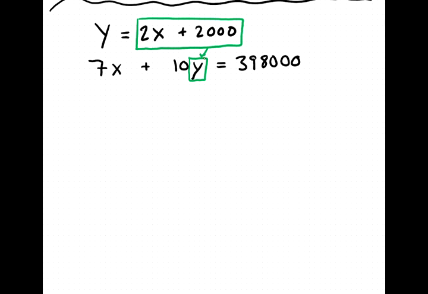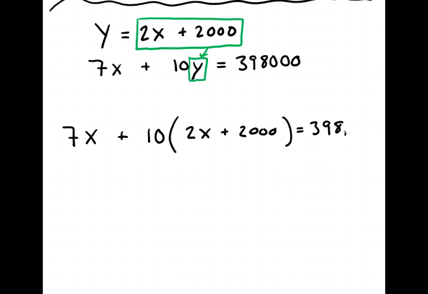So we could replace that y in the second equation with the 2x plus 2,000, which will give us 7 times x plus 10 times y. But instead of y, we're replacing that y with the 2x plus 2,000, and that's equal to 398,000. Okay, so there's the substitution we made, and now we have one equation with only one variable.